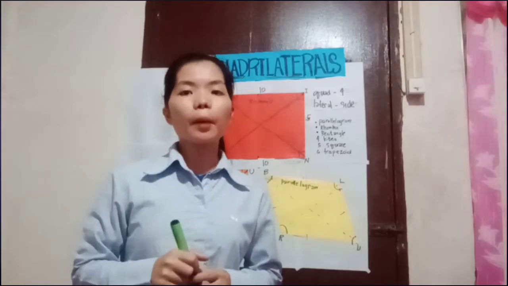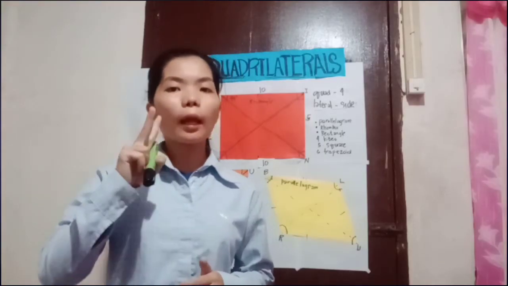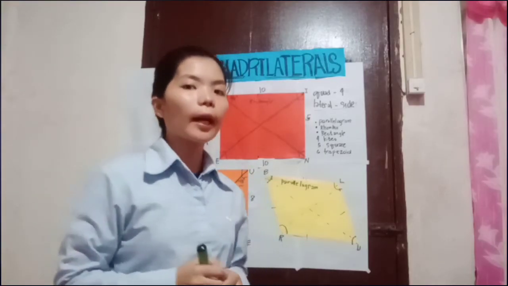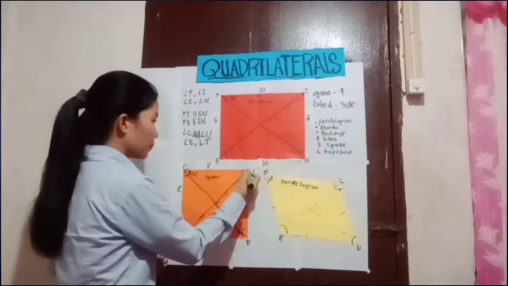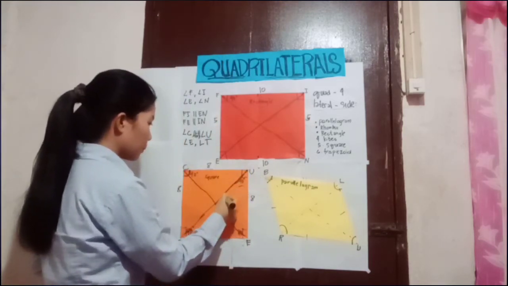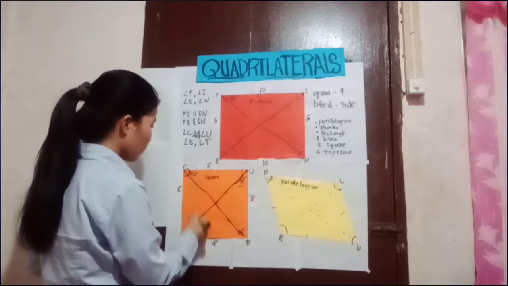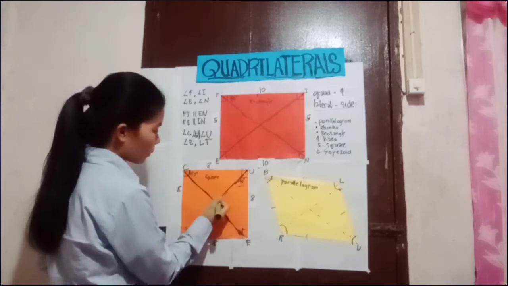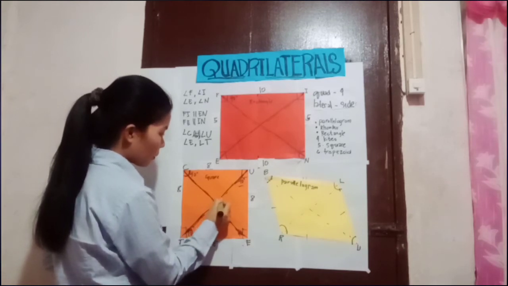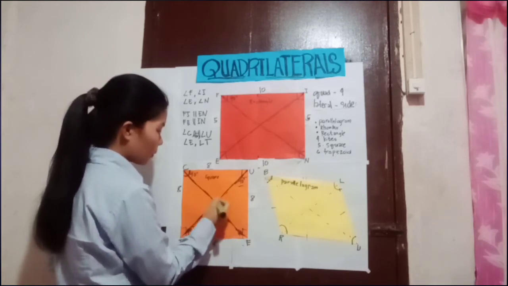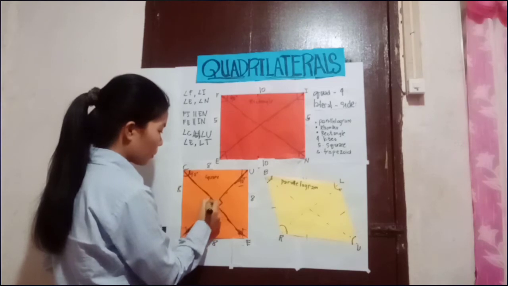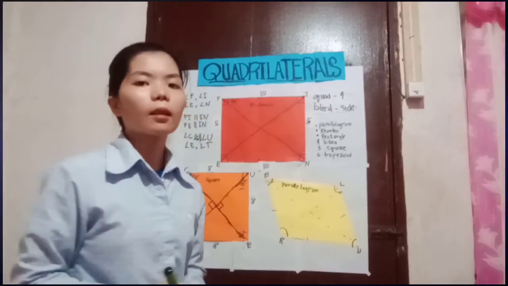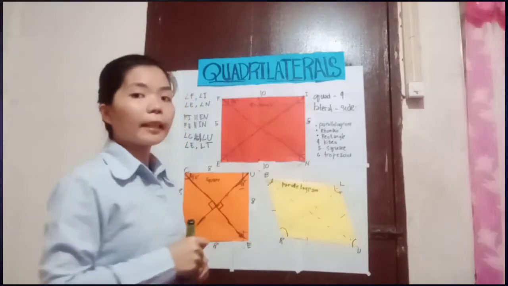When we say perpendicular, it is two lines which meet at a right angle. The right angle is 90 degrees.